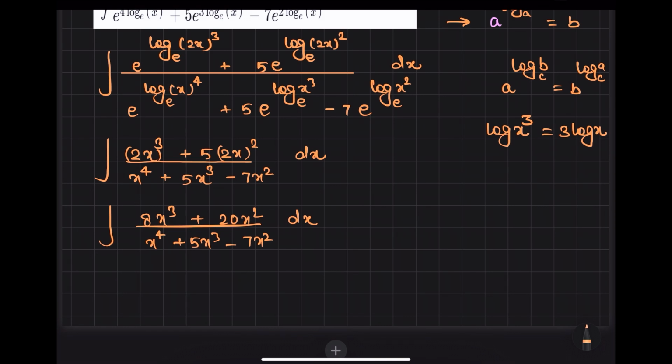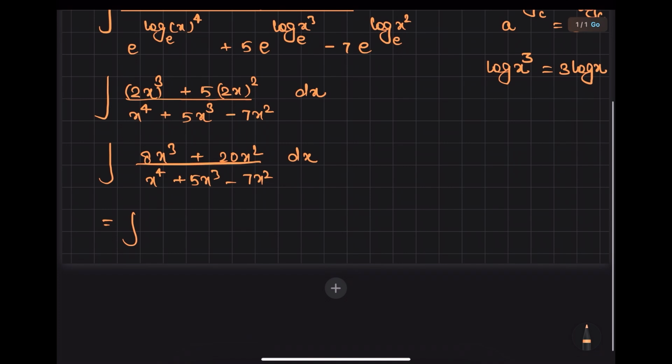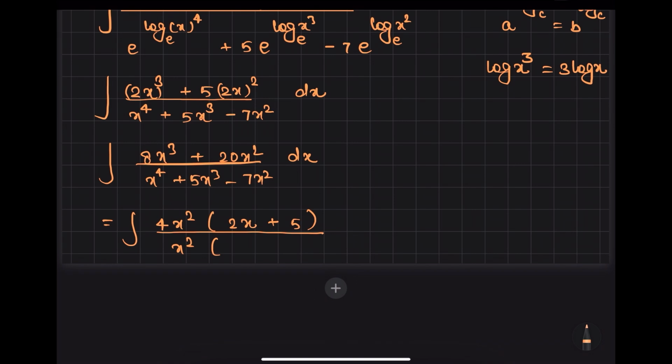Now I will take something common from the numerator and from the denominator. Can I take 4x square common from the numerator? Then we will have 2x plus 5. And if I take x square common from the denominator, we will have x square plus 5x minus 7 dx. Now this x square will vanish.